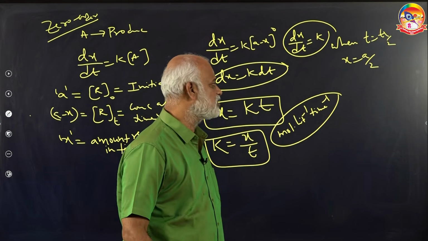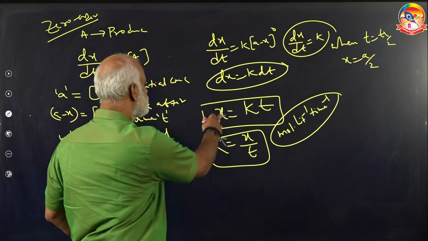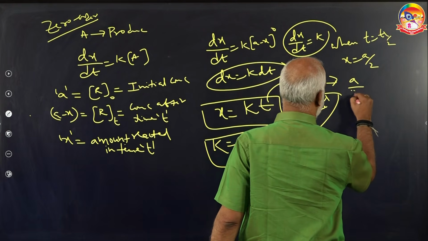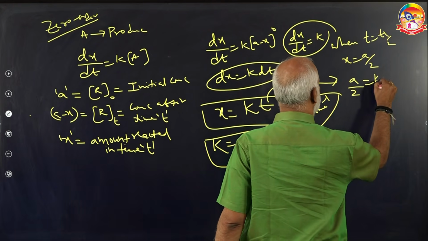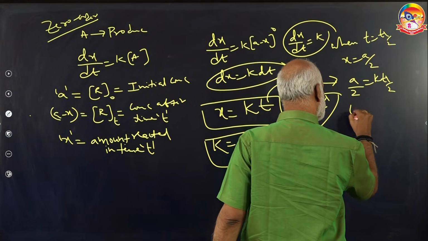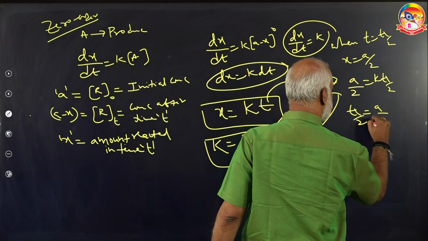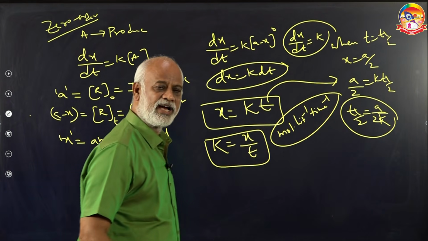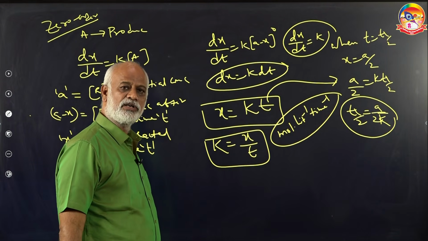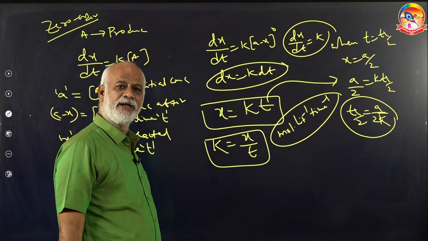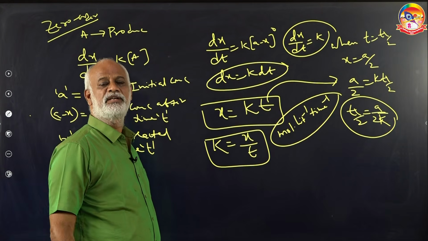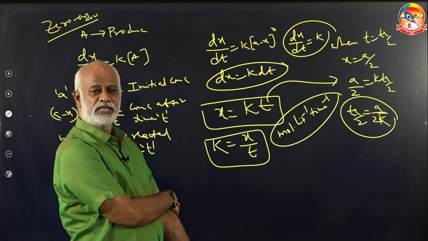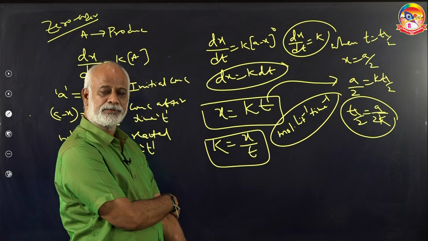So I can substitute x = a by 2 here. So a by 2 = k t half, t half = a by 2k. For a zero order reaction, t half = a by 2k. T half is directly proportional to initial concentration and inversely proportional to rate constant.